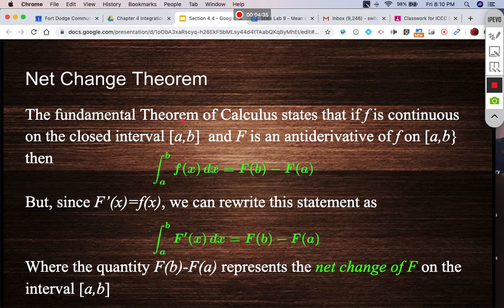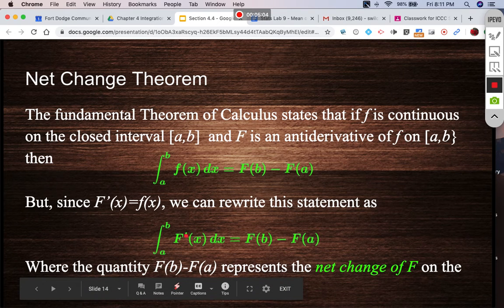The idea is our integral from a to b of f of x dx is capital F of b, the antiderivative at b, minus the antiderivative at a. Since small f is F prime, because if this is the antiderivative, then the derivative of capital F is lowercase f, we say this: the integral of the derivative is F of b minus F of a.